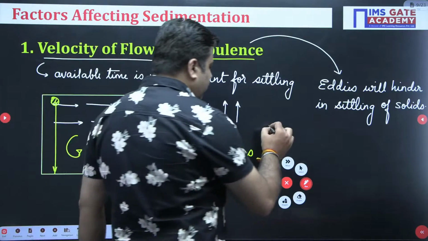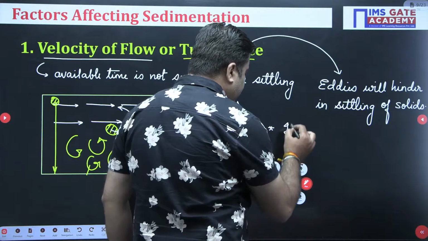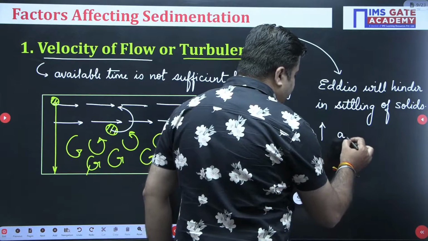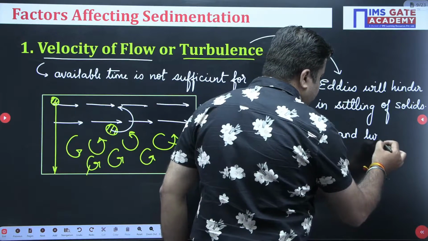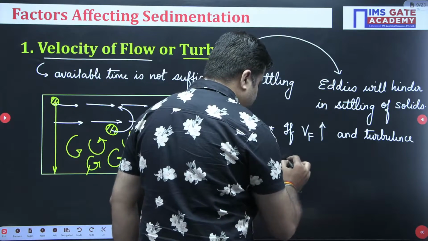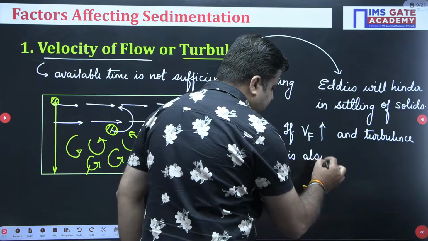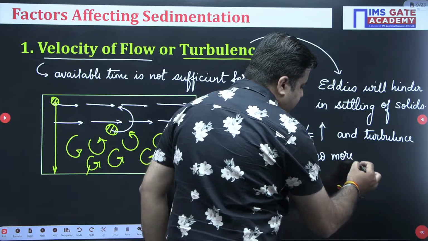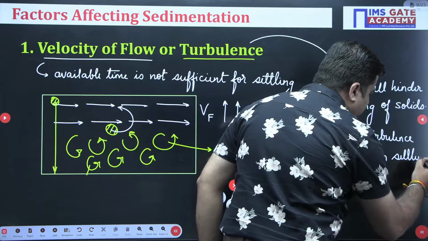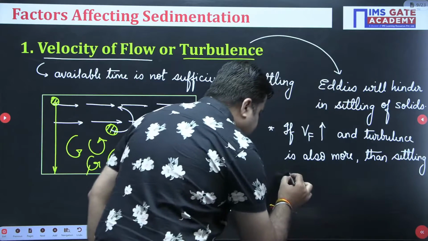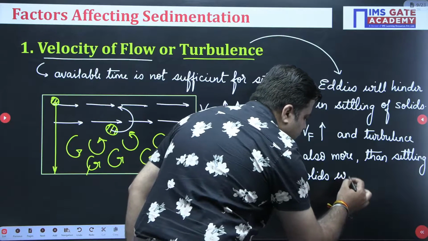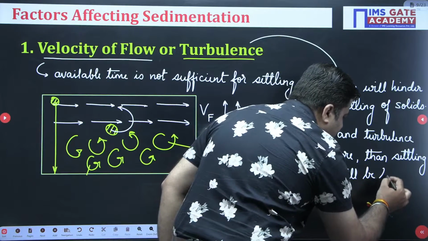So you can write down: if the velocity of flow is more and turbulence is also more, then settling of the solids will be less.